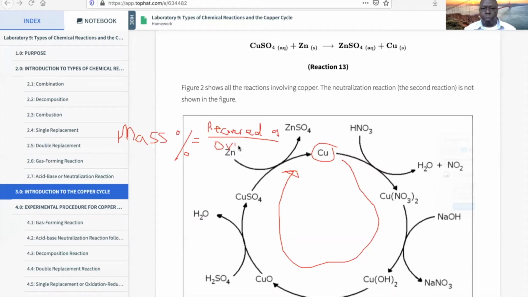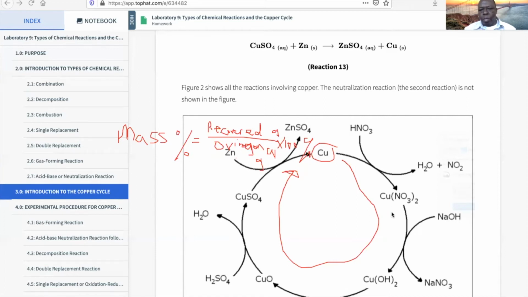You should have these data once you collect the data. This is the ultimate goal or objective for this lab: what is the mass percent of the recovered copper once you take it through the cycle.